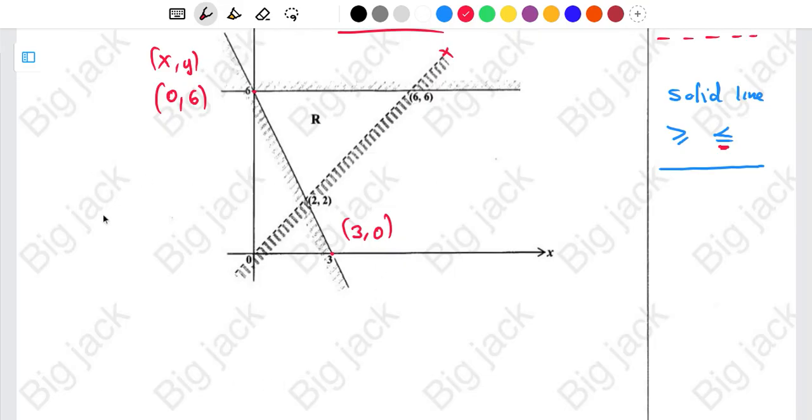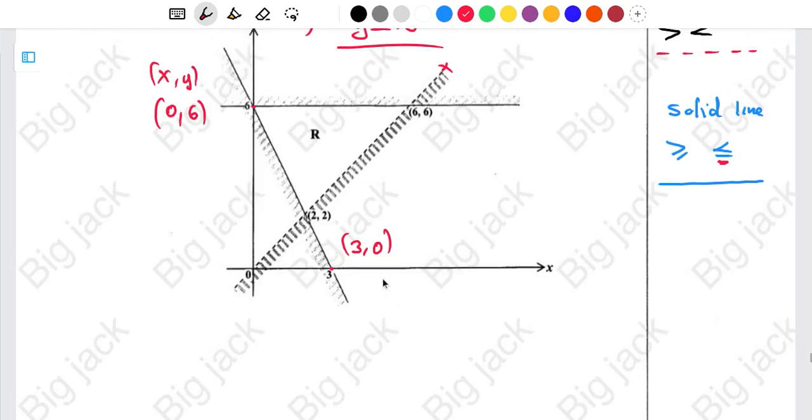So what are we going to do? We are going to find the gradient. After finding the gradient, we are going to find an equation. Then from there, we are going to derive that equation into an inequality. But remember, the masterpiece here is y.